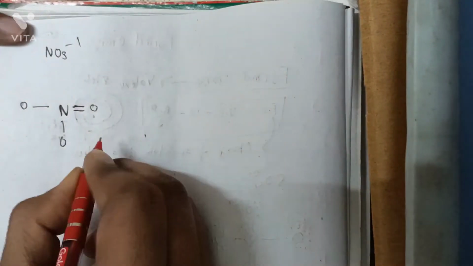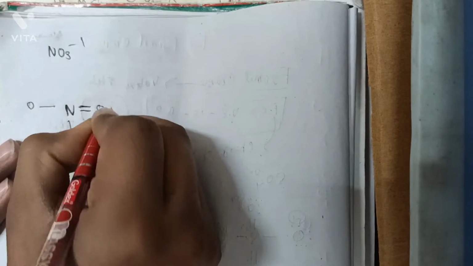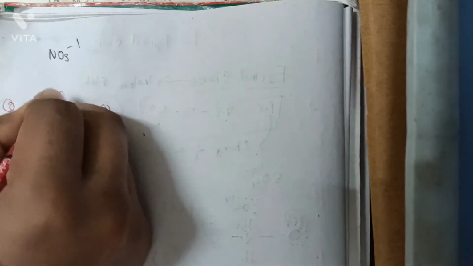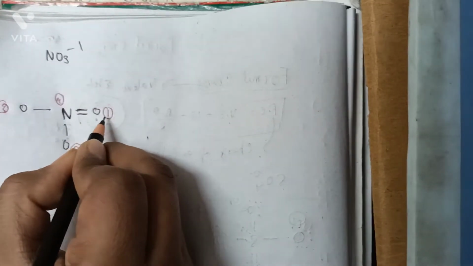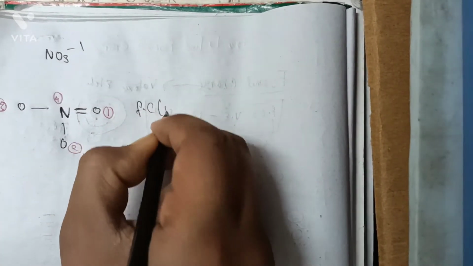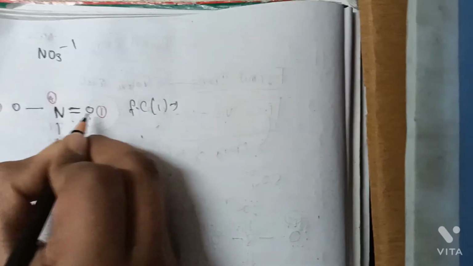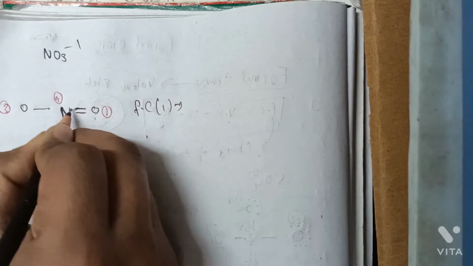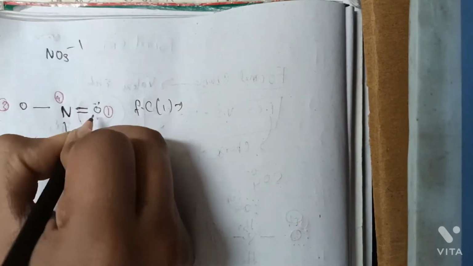First we're going to mark the lone pairs. First we put numbers on the atoms: 1, 2, 3 and 4. Then we mark the lone pairs. For this atom, 4 electrons have already taken part in bonding, that means it has only 4 lone pair electrons.